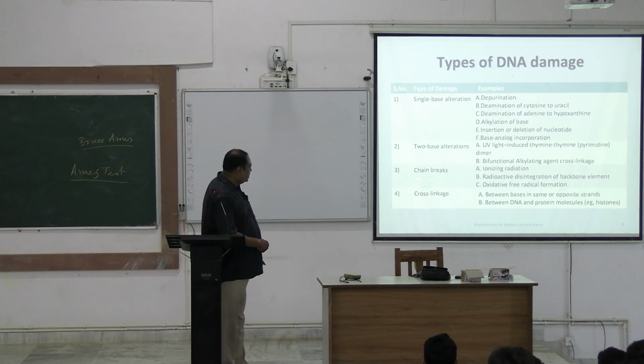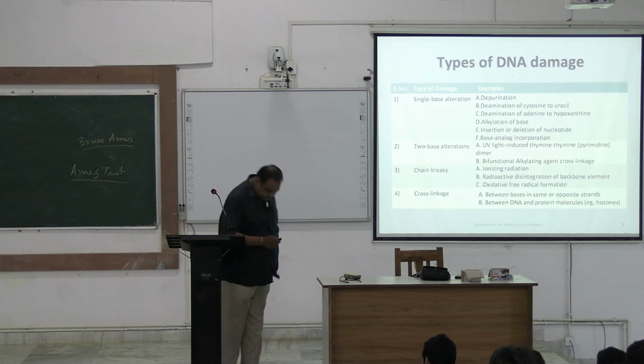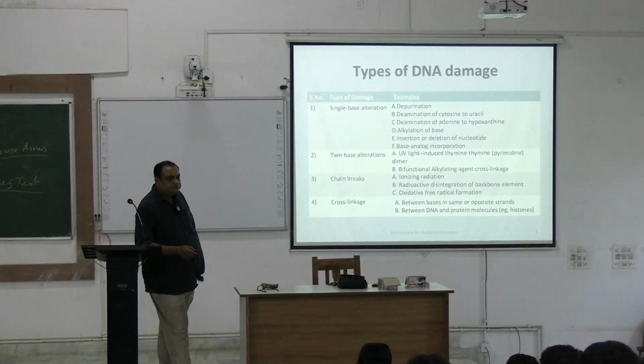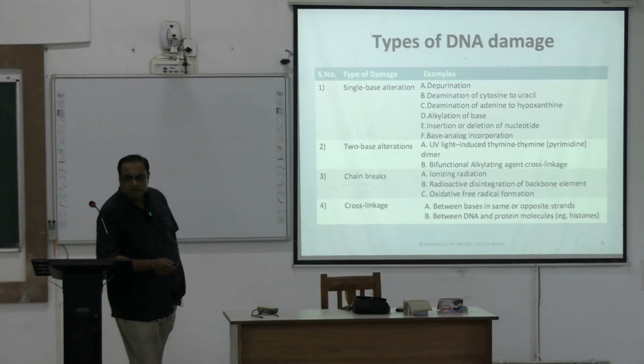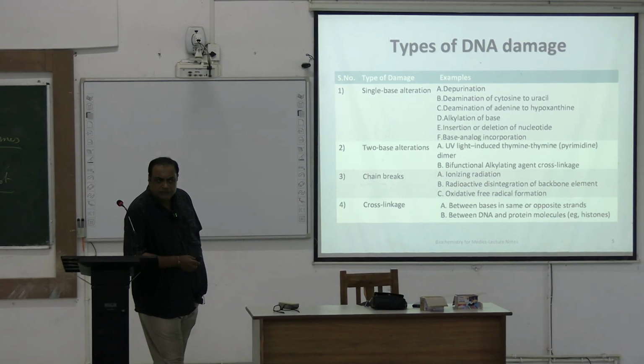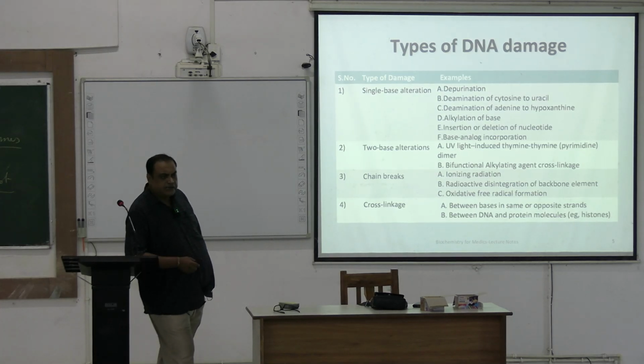Now, chain breaks, when the whole chain can be broken, by a strong ionizing agent. If you sit inside the nuclear medicine room where we scan thyroid glands and are exposed to those rays for a prolonged period, nothing will happen to you, but the next generation will understand.